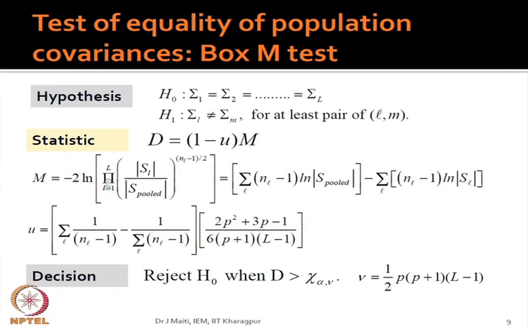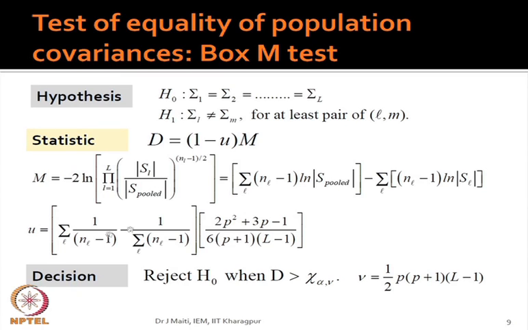Now again you see the formula. If your sigma 1 equal to sigma 2 equal to sigma L, then your S pooled will be equal to S 1 or S L in general term. So that means this determinant by this determinant, the ratio will be 1.